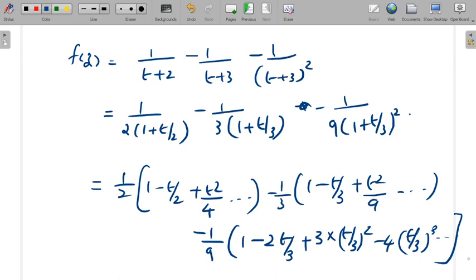And you can do this, you can do it in a similar way in the other two regions as well.